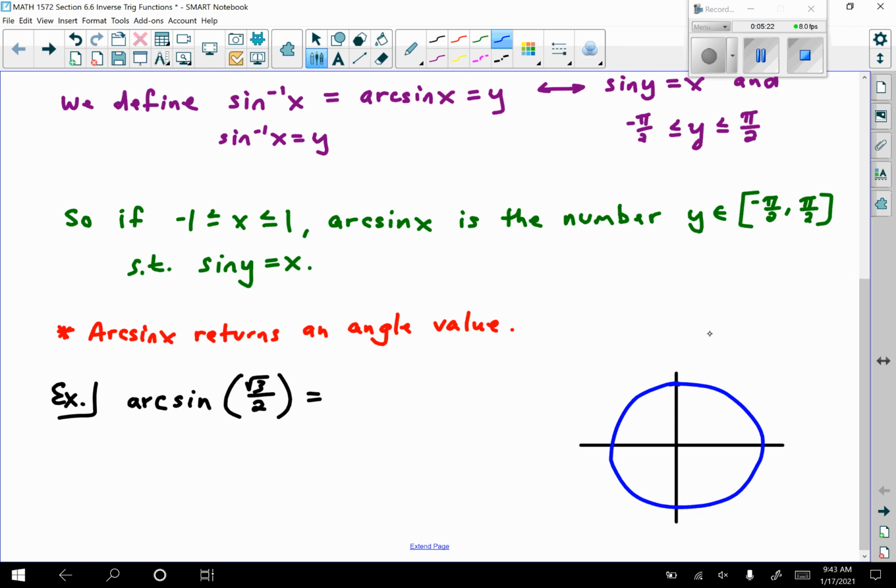So this is what we're working at. Our values for sine inverse of x can stay between negative pi over 2 and pi over 2. And that's what this is saying right here. So it's x, as long as x is between negative 1 and 1.